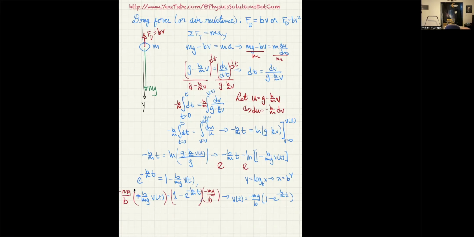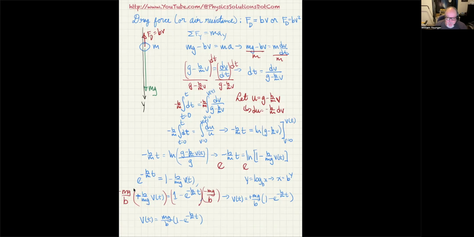So everybody make sure you pay attention to that. This right here is supposed to be positive, not negative, and that means this right here is supposed to be positive, not negative. So now I can finally say that v of t is equal to mg over b times 1 minus e to the negative b over m times t.